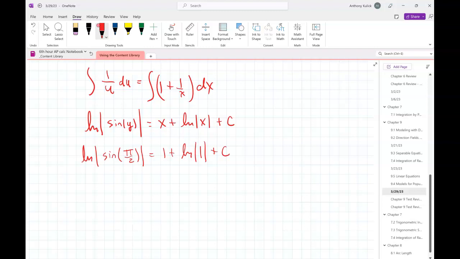So if I go to my unit circle, what is sine of pi over 2? 1. What is the natural log of 1? 0. And the natural log of 1 was 0. So we have c is negative 1.